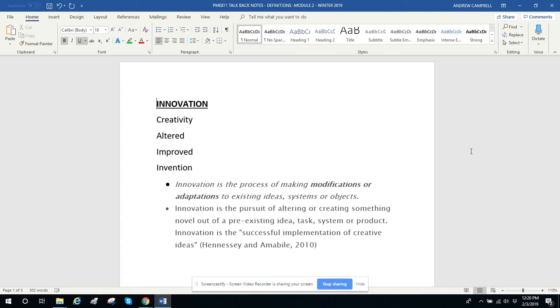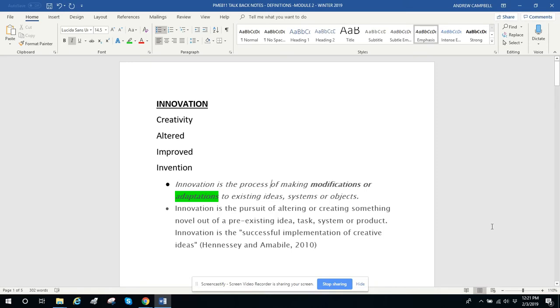And so some of the common terms that came out for innovation was creativity, altered, improved, invention. And I like this quote: innovation is a process of making modifications or adaptations. I was speaking to someone who said that who's going to survive the rapid changes in our education system is a teacher who is innovative.